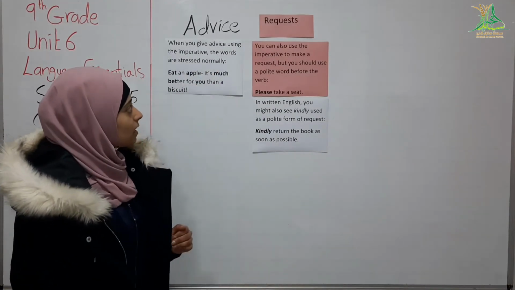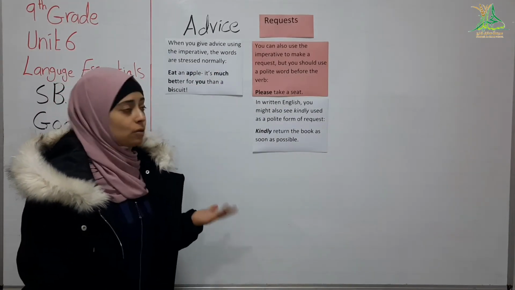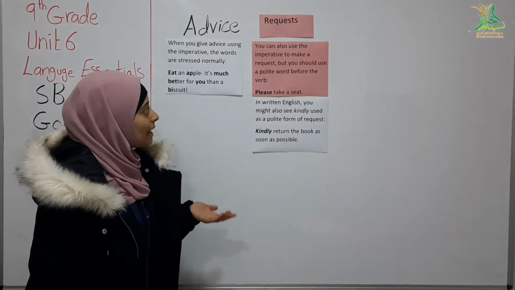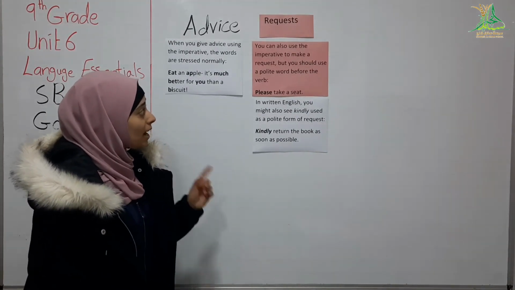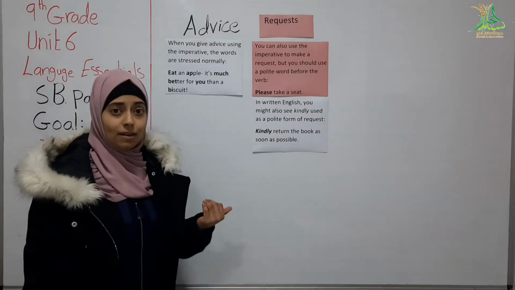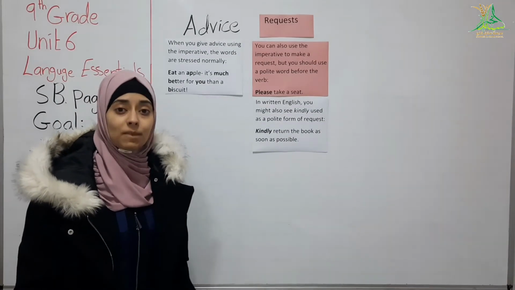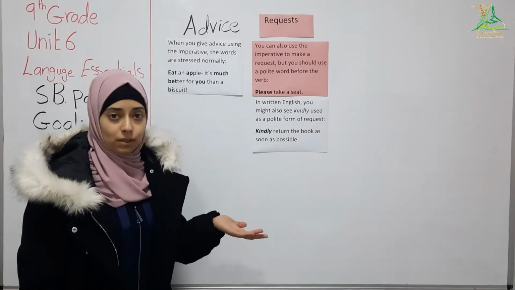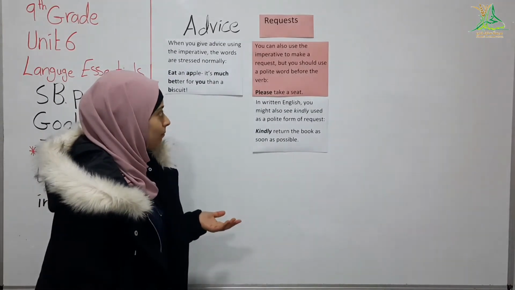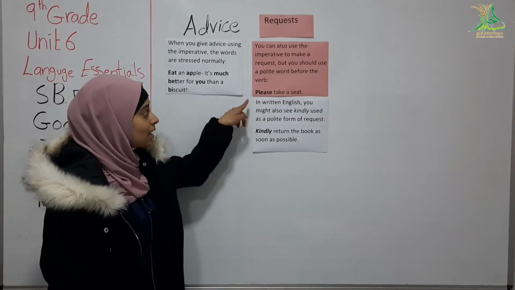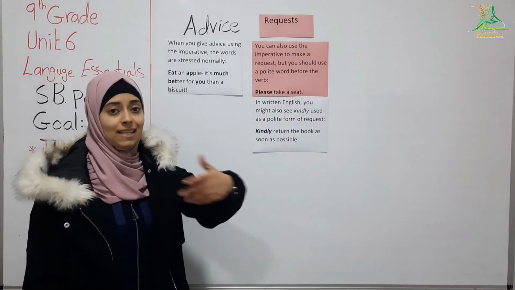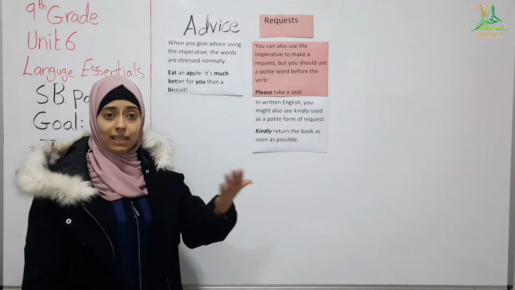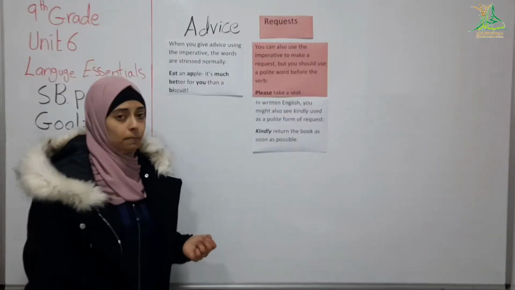In requests, you can also use the imperative to make a request, but you should use a polite word before the verb because you are requesting something from a person, so you have to be polite. An example is, please take a seat. We don't say take a seat, it is please take a seat.